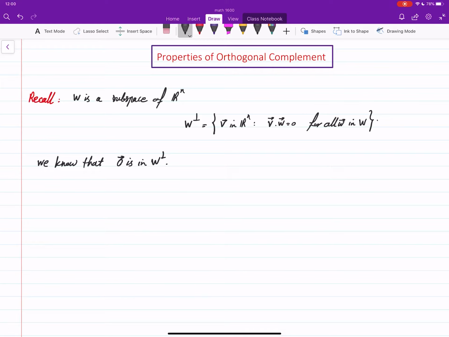But we can show even more: if a vector is in W perp, then any scalar multiple of that is going to be in W perp too. So in other words, W perp is closed under scalar multiplication.